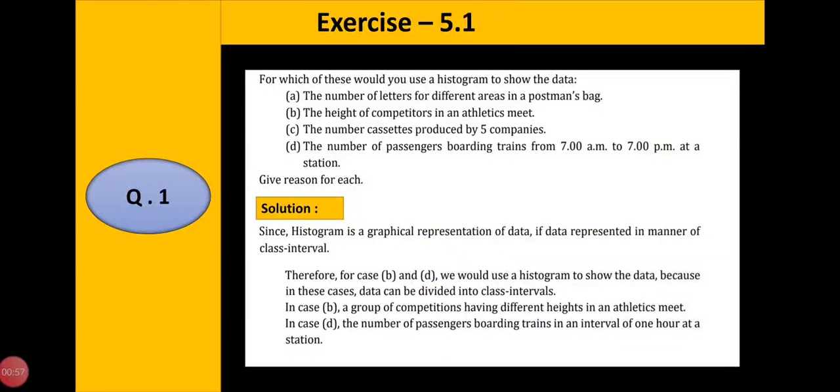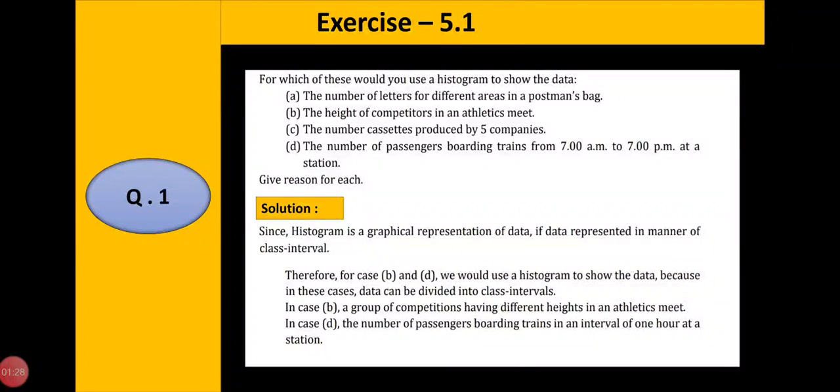Since a histogram is a graphical representation of data, if data is represented in the manner of class intervals, meaning we are representing a graph by making classes, then it is a histogram. Therefore, for B and D, we would use a histogram to show the data, because in these cases data can be divided into class intervals.